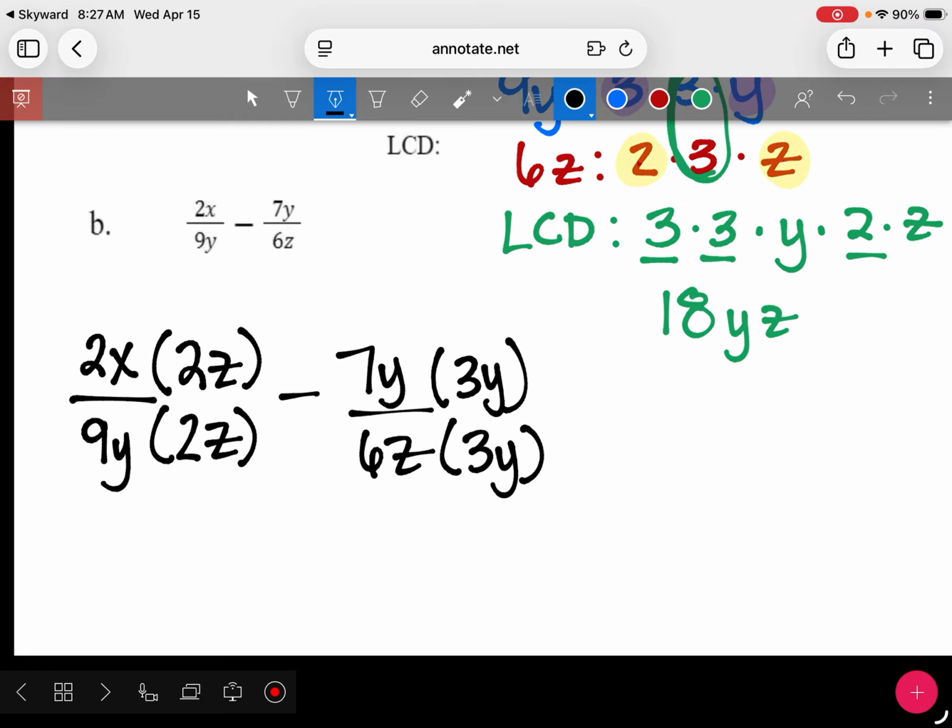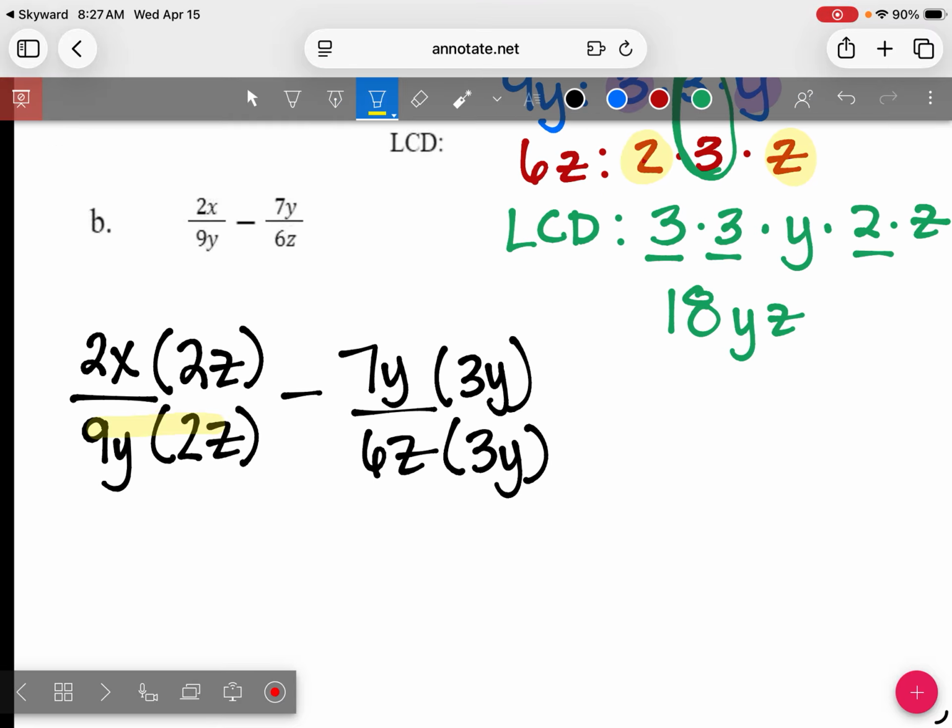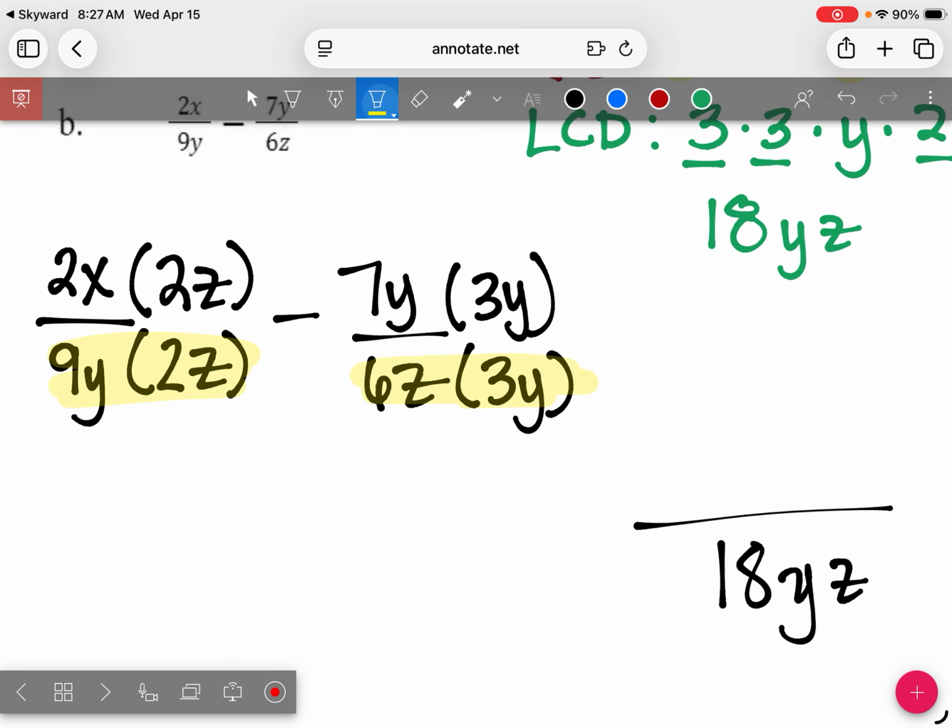All right, so when you look at these two, would you agree that both of these are going to multiply to give you the same thing, 18yz? All right, so let's go across. My denominator is 18yz. Now let's go across. I want you to multiply this together: 2x times 2z, and see what you get.